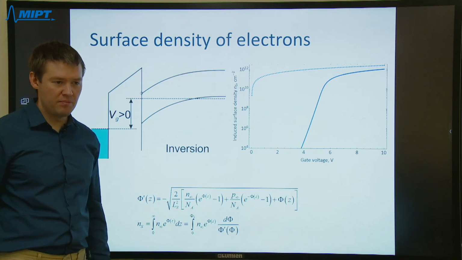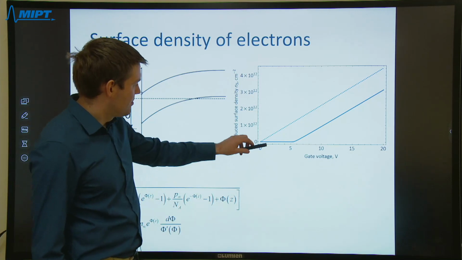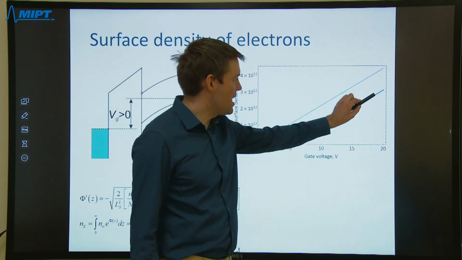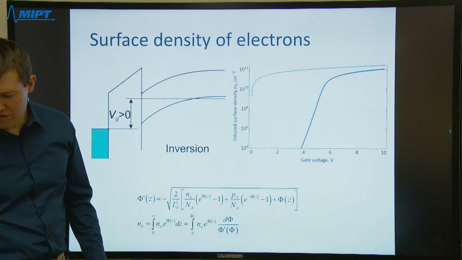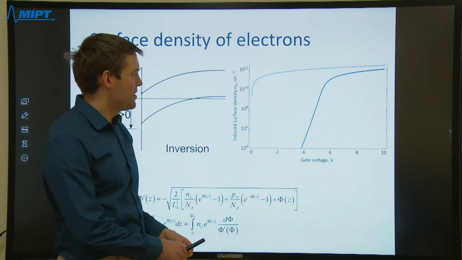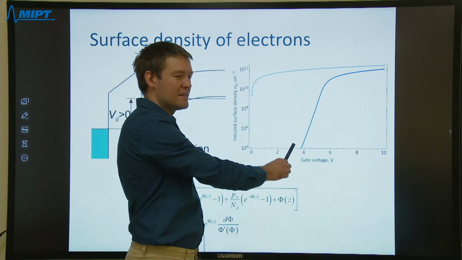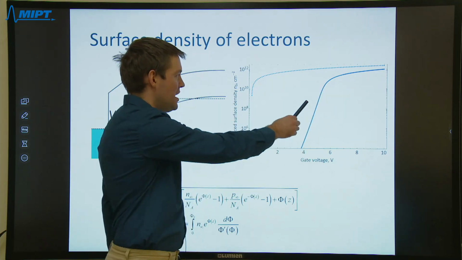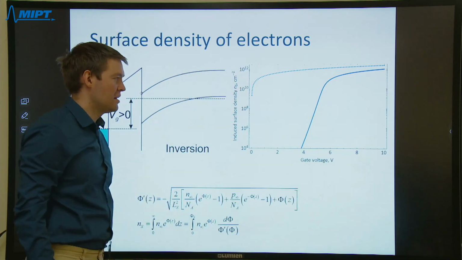Let's compare the 2 scales. Here, in normal scale, you don't see anything at small voltages and you see a line at large voltages. When you go to the logarithmic scale, you notice that this nothing is actually not nothing, but an exponentially small amount of charge carriers. And then the line looks like a saturation in the logarithmic scale.